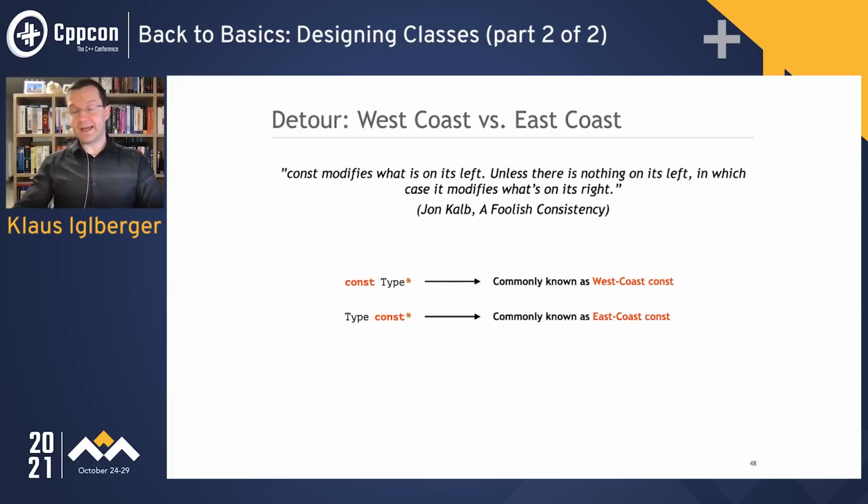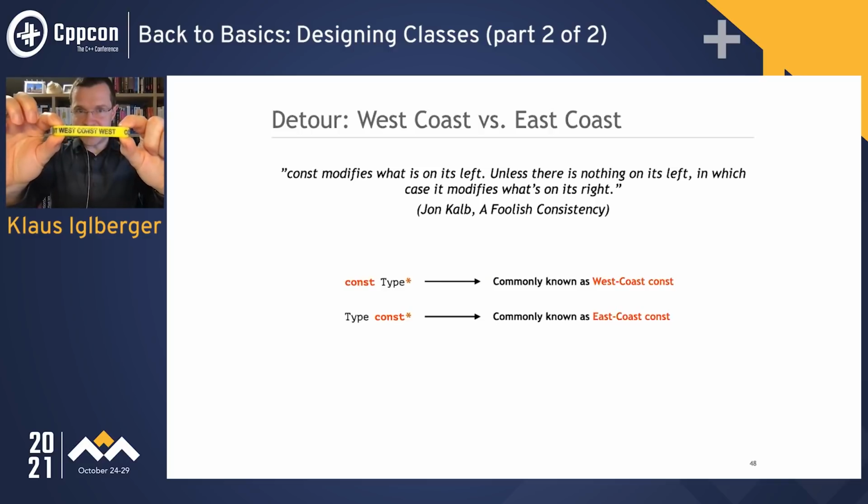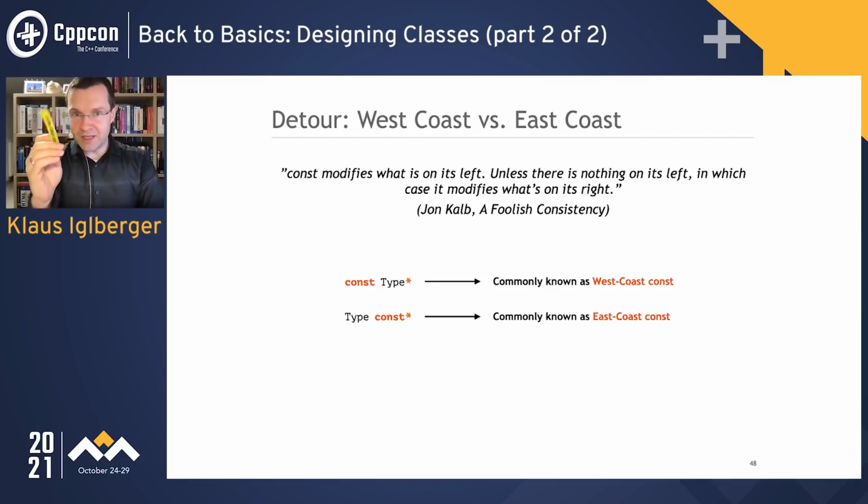And now, indeed, at CppCon, if you're on site, you'll realize there are two groups that actually wear little braces and find this funny little war about which of these two consts is better. So you will find people that wear this brace, the West Coast const supporters. They wear a yellow brace, of course, on the left arm, West Coast, now on the left.